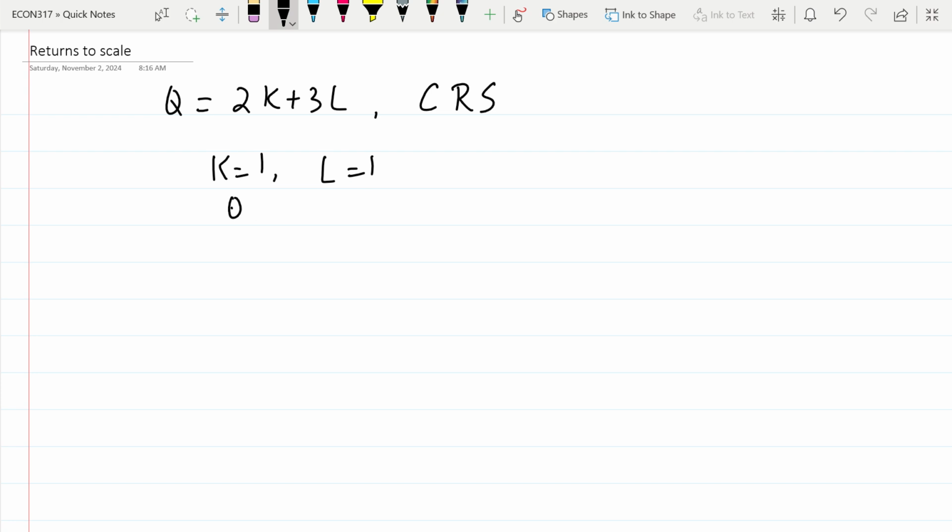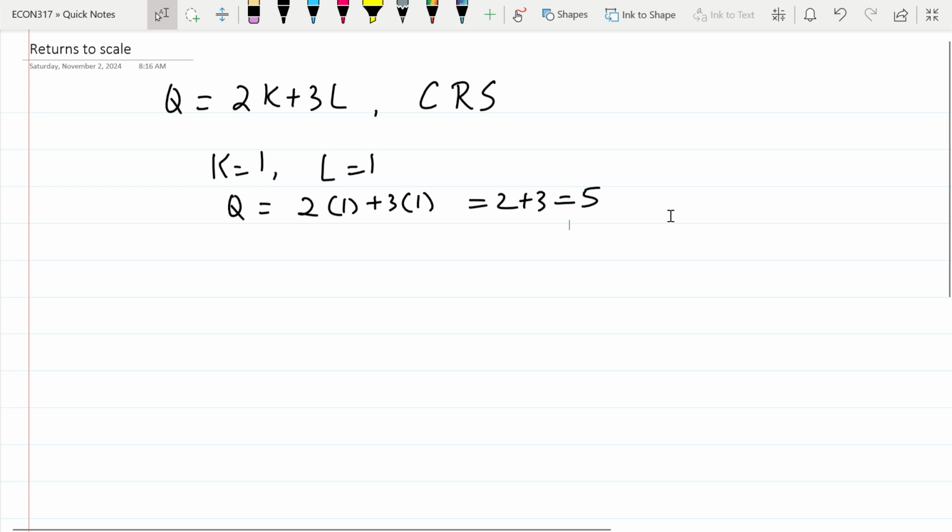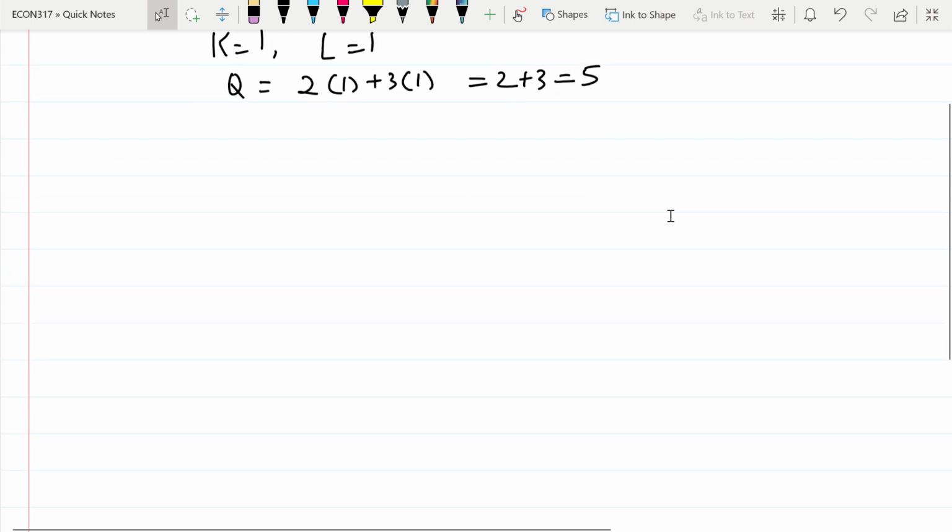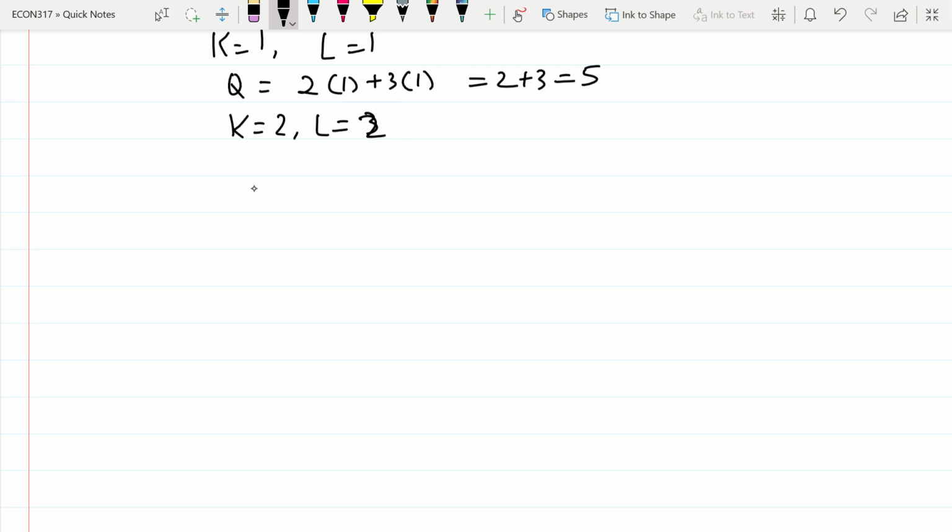We can find out my output is 2 times 1 plus 3 times 1, which turns out to be 2 plus 3 equal to 5. To verify that it displays constant returns to scale, I could change the capital and labor exactly by the same proportion, so I will double it. You can change it by any proportion, output will display the same feature.